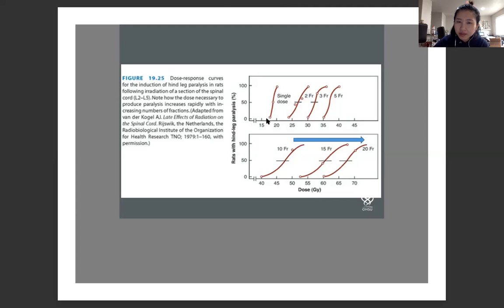Look at it, it's nothing compared to these doses down here. So it's a really small dose, and it already gets the rats paralyzed. If we give them a single dose of even smaller amount, it can be very lethal to them and cause them to be paralyzed.